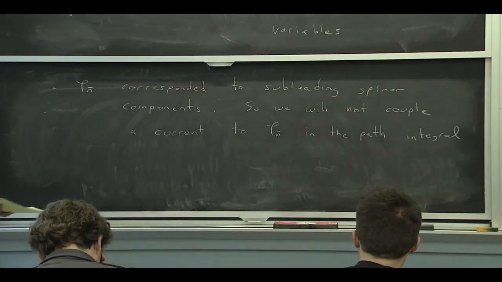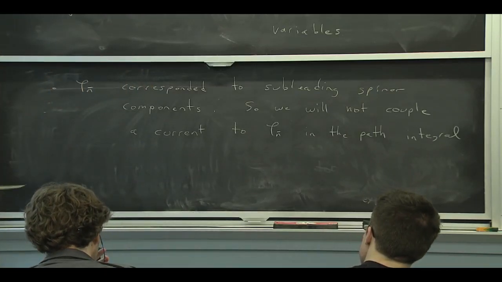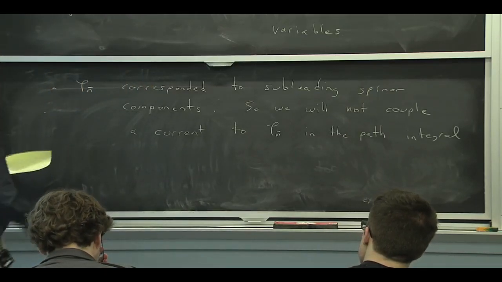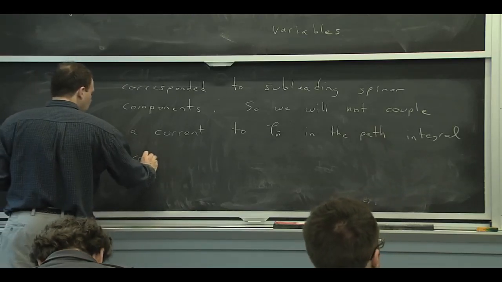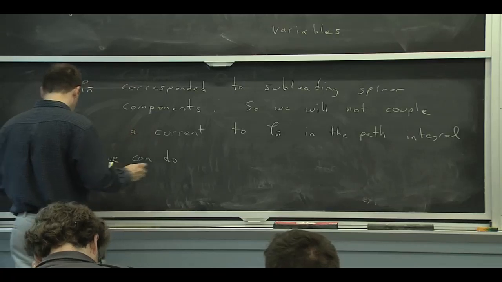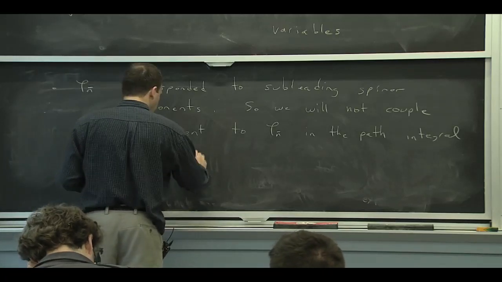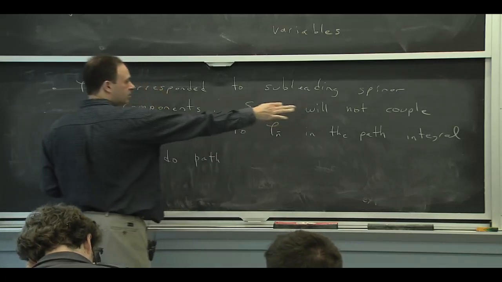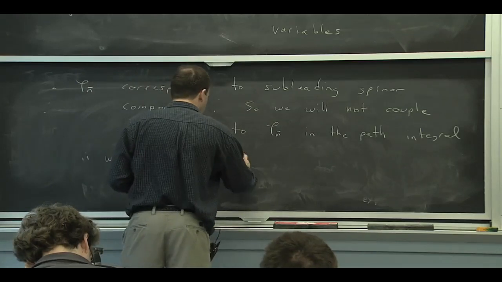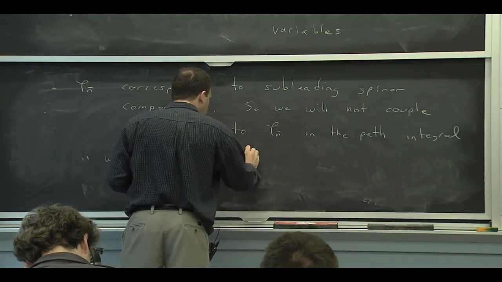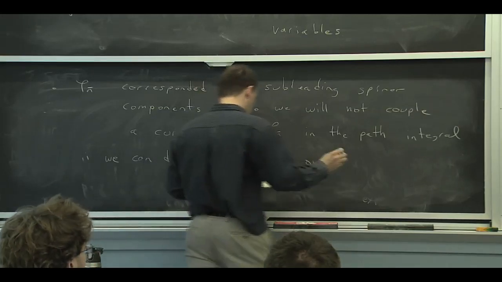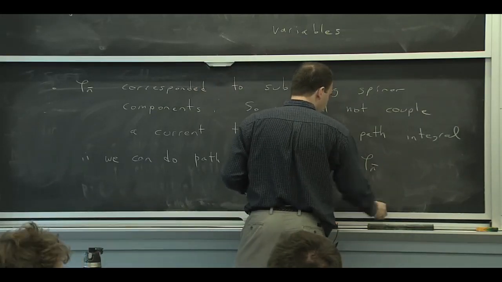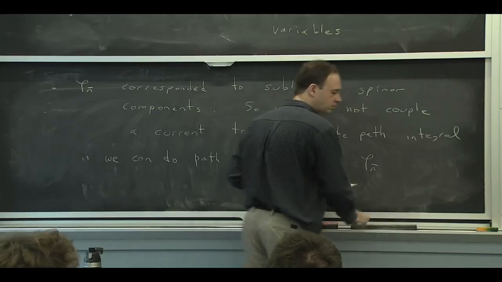And because the path integral in this fermionic field is quadratic, we can just remove it from the path, just do the path integral over it. Once we know that there's no source term for it, we can just do the path integral, since all the terms are explicitly written over there. So let's see what happens when we do that.